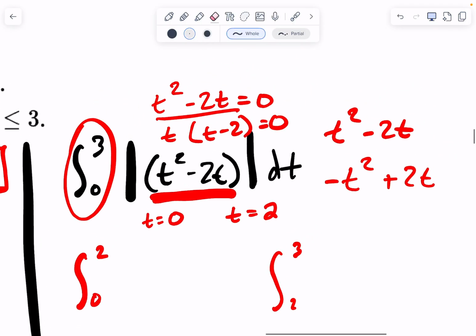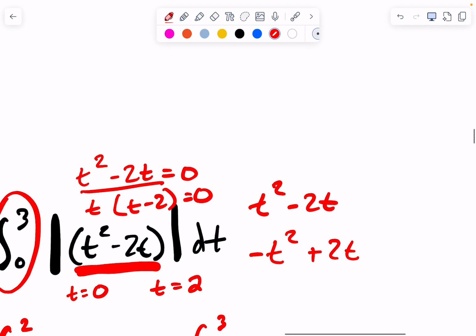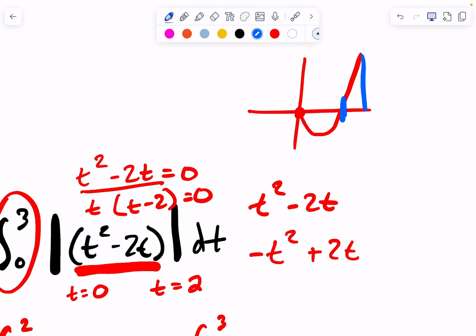Okay, if I think about what t squared minus 2t looks like, he's hitting at 0, he's hitting at 2, he's doing one of these, right? Yeah? So which one is he doing right here? And which one is he doing right here?